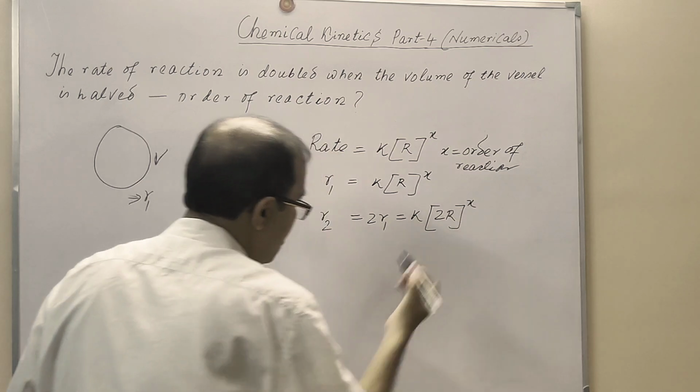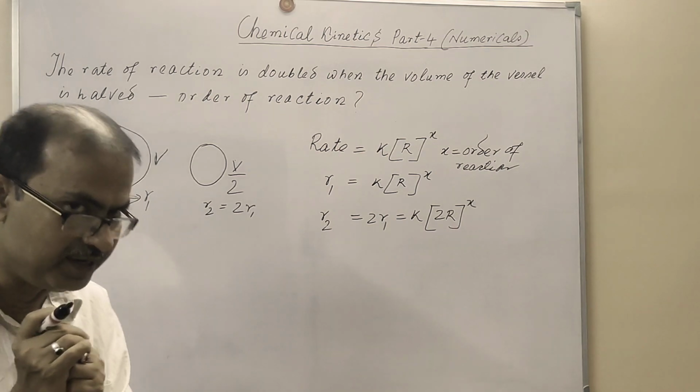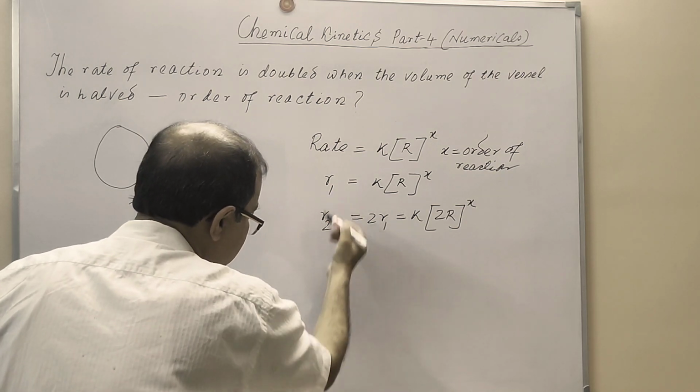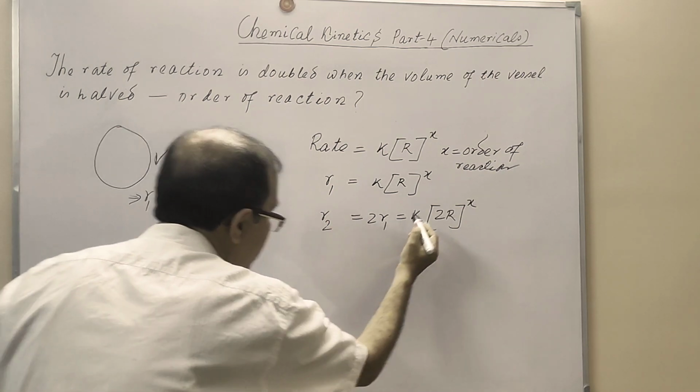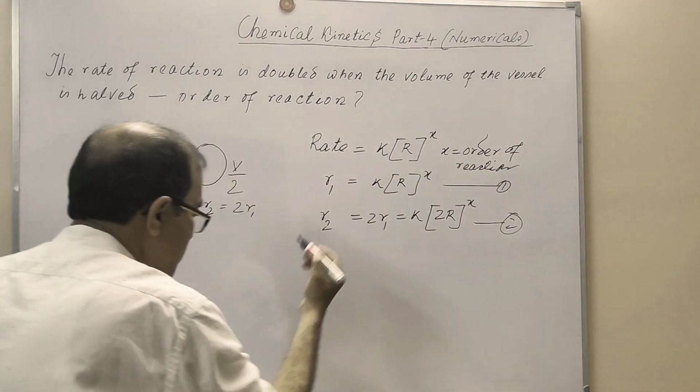The concentration of the reactant has been increased by virtue of reducing the volume of the container. I think it is clear. So now we can write this: this is equation 1 and this is equation 2.